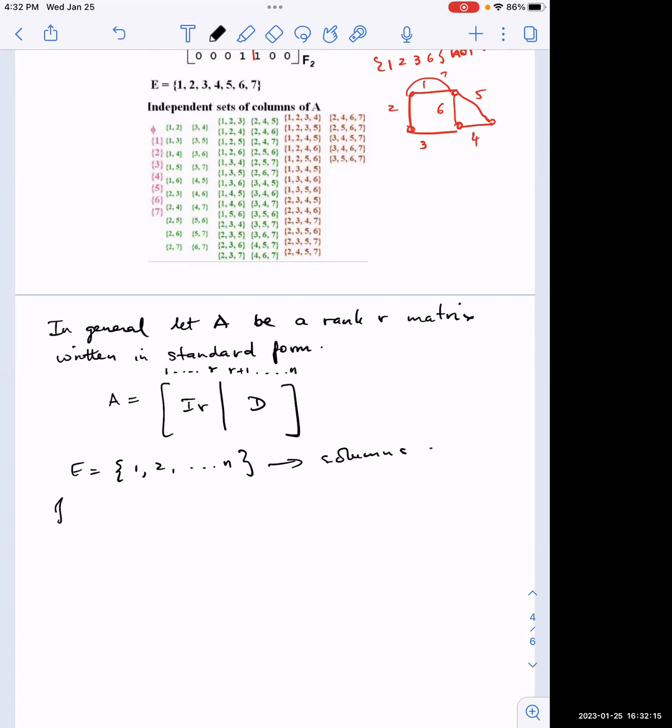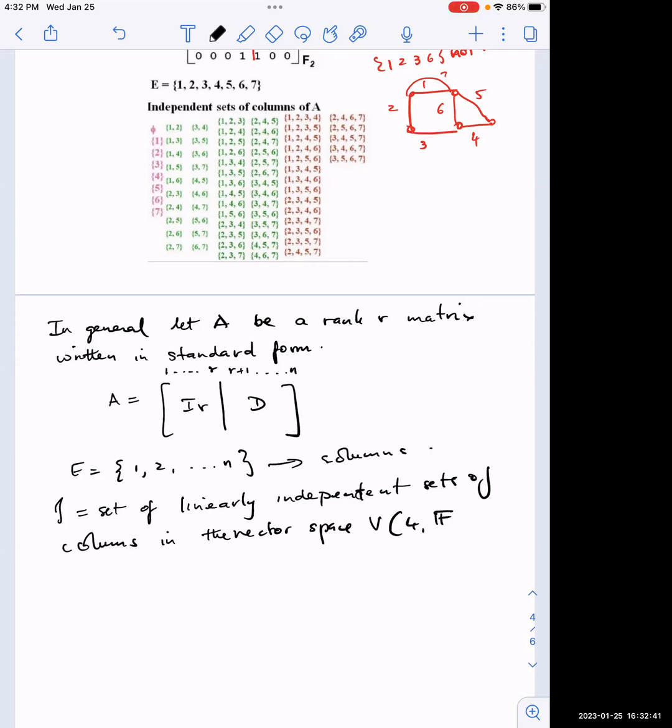And let I be the set of linearly independent sets of columns in the vector space V, R, F. Any field, not necessarily finite, not necessarily the real numbers, just any field.